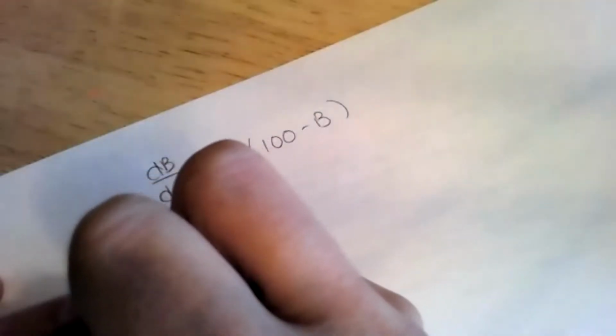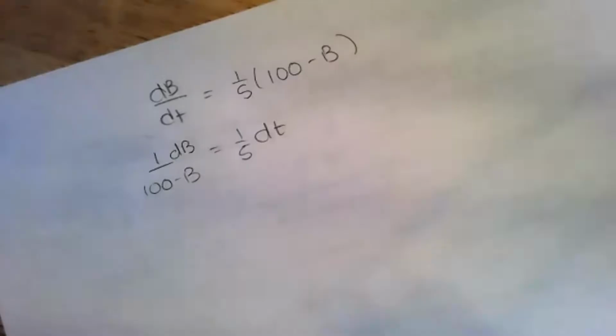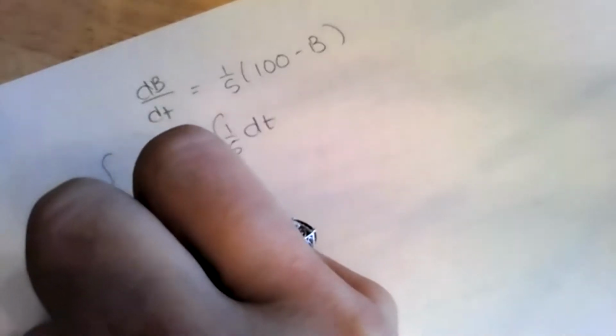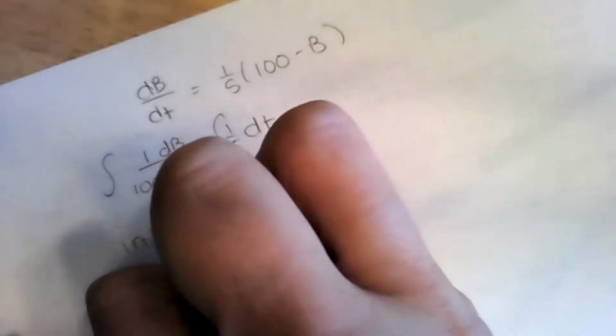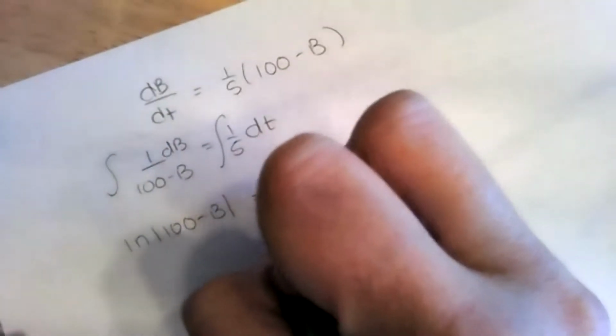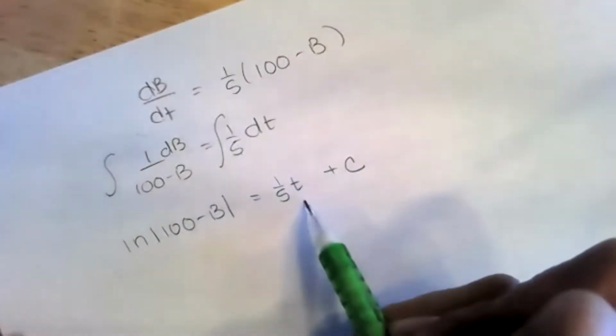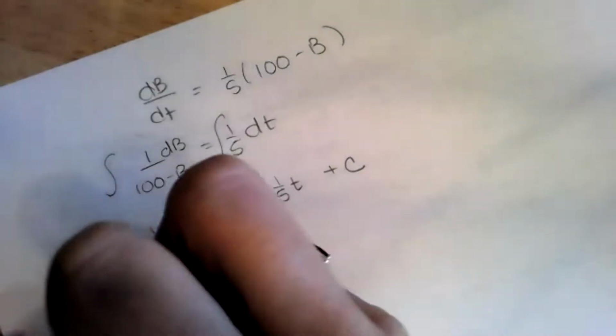So we're going to get 1 over (100 minus B) equals 1/5 dt. We're going to integrate both sides. If you have 1 over a function, you're getting an ln. Since that's a constant, it becomes linear. We're going to isolate or get rid of the ln.